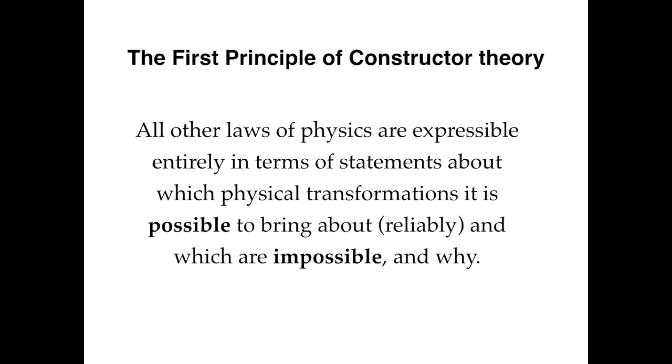And at the fundamental level, such things might arise as approximations, but that's not a description of reality. And therefore, there's no place for probability, according to constructor theory. There's no place for probability or random processes at the foundations of physics.